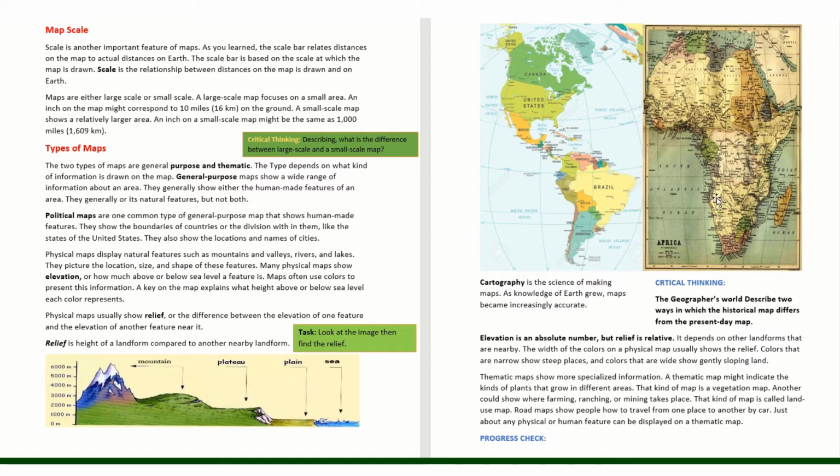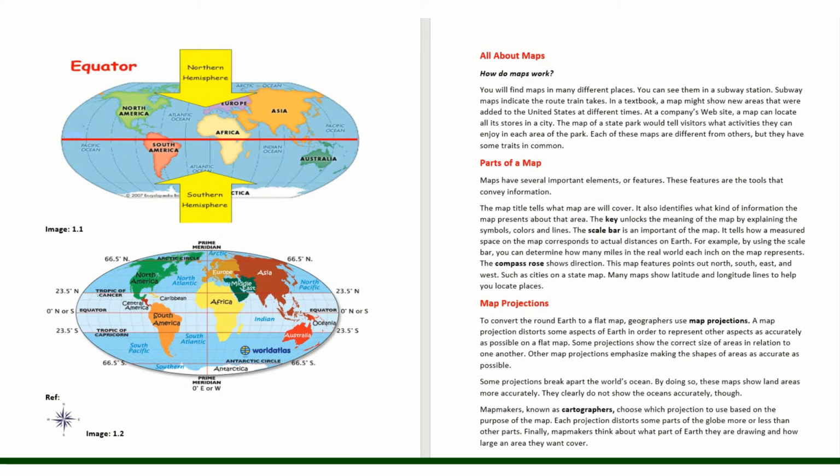As you remember, we were talking about the bar scale. The scale bar is important on the map. It tells how the space on the map corresponds to the actual distance. For example, by using the scale bar, you can determine how many miles in the real world the inches on the map represent.